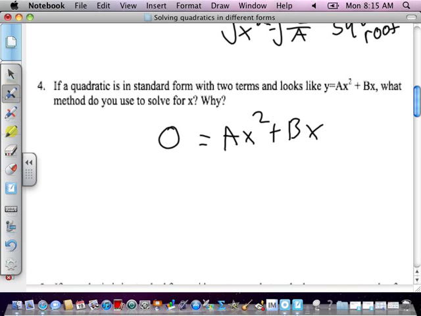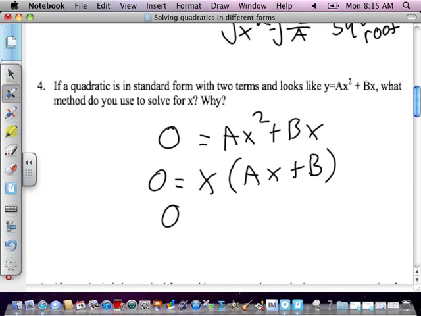Watch how this works. If I took out an x, put it on the outside, I'm left with ax plus b equals 0. What do we do when we have factored? We set both of them equal to what? 0. So we can do it that way too. 0 equals x, and ax plus b equals 0.